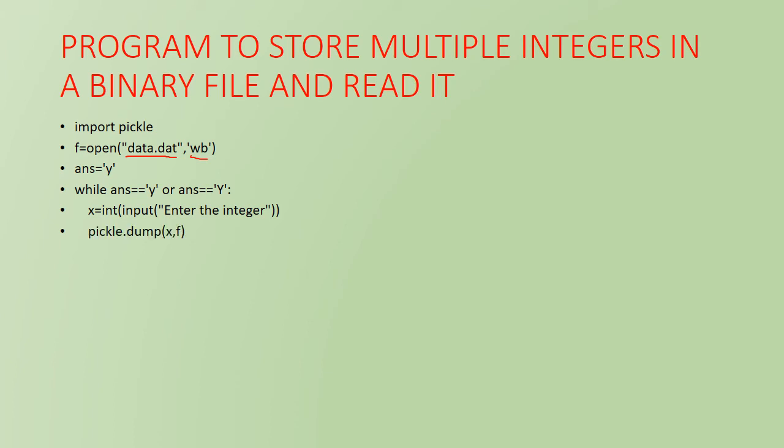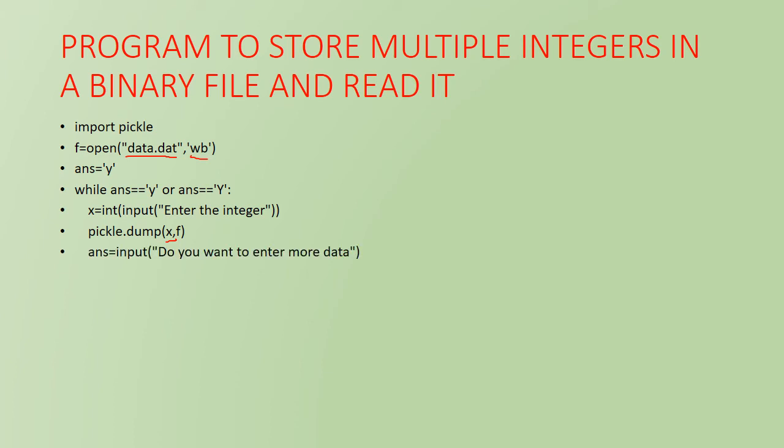Now to write or create the file, we are using the dump function, pickle.dump(x, f). Here x is the object and f is the file object, which we have already written when opening the file. x is the one which we wanted to store, that is the object of the program.